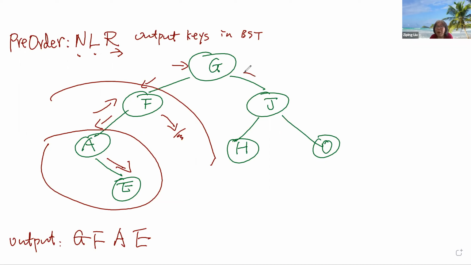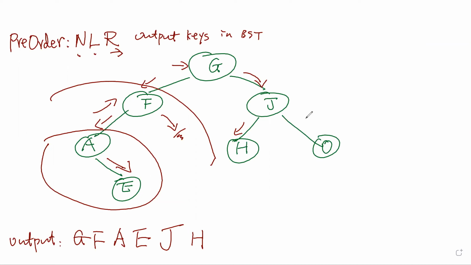Okay, node G's right, we come to J. What should I do with J? Print J. Yeah, print out J. And then what? Go to left. Print H. Left is H, print out H. And then what?